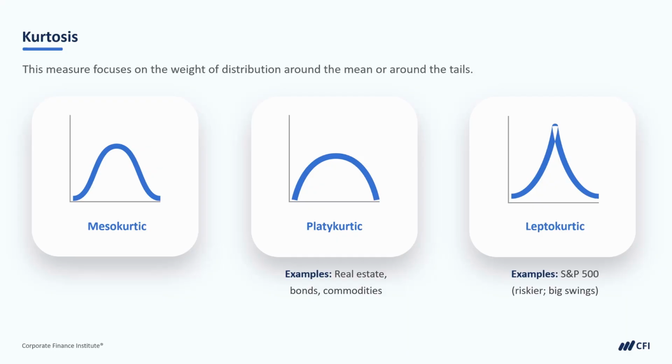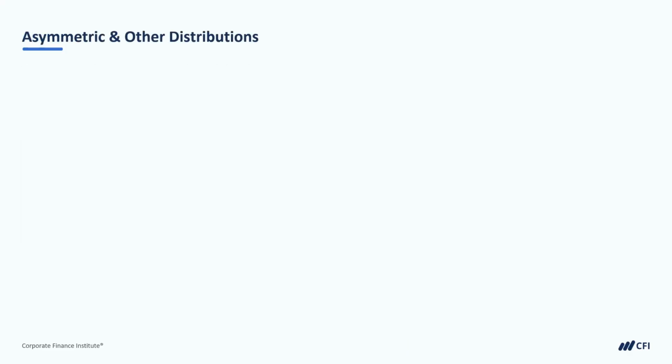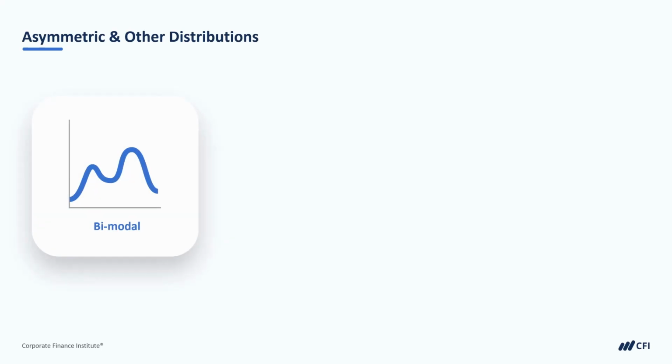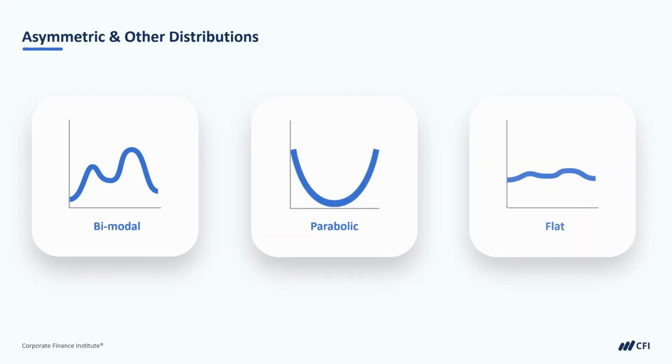So far, we have looked at normal distributions, as well as some distributions that are symmetrical and are close to a normal distribution. Next, let's take a look at some distributions that aren't symmetrical at all. As mentioned earlier, data comes in distributions that are not normal. Data can be bimodal, parabolic, flat, or just about anything.